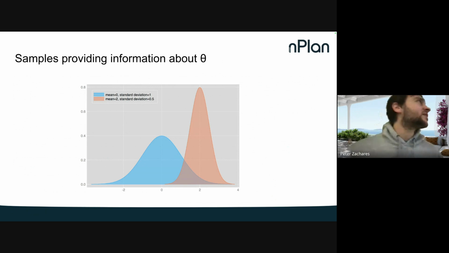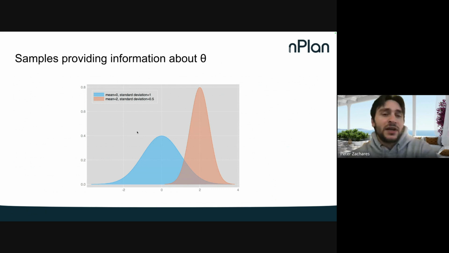Okay, so I wanted to talk about how samples provide information about theta. So right here you have two distributions. One has a much larger uncertainty than the other.